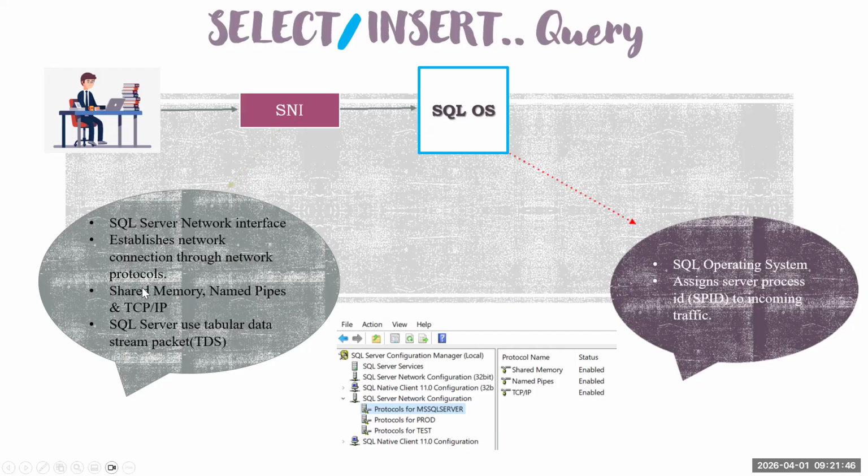Once your connection is established, SQL OS will come into the picture to get the OS level information like the SPID. It is allocating one SPID, the session process ID.